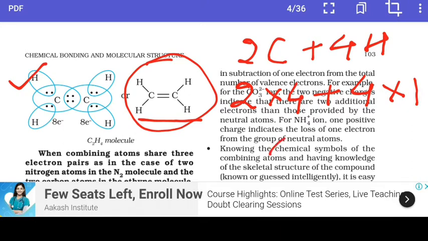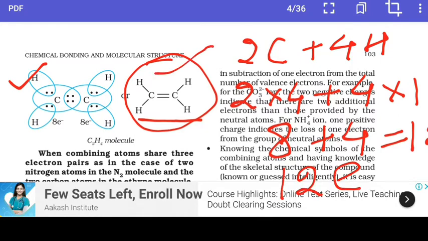So it will be 8 plus 4 equal to 12. It means there are 12 electrons in the C2H4 molecule.